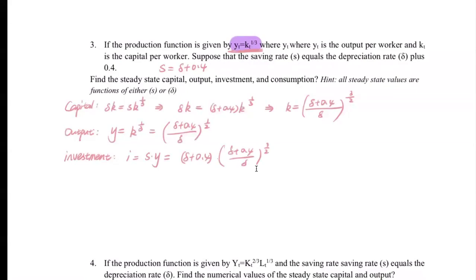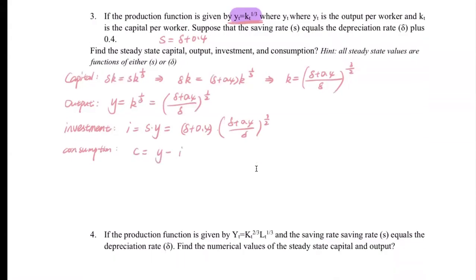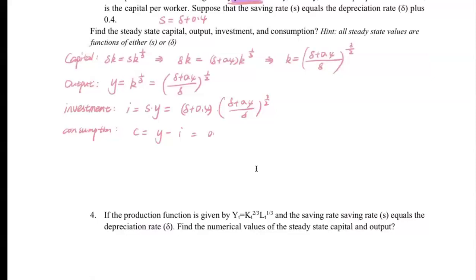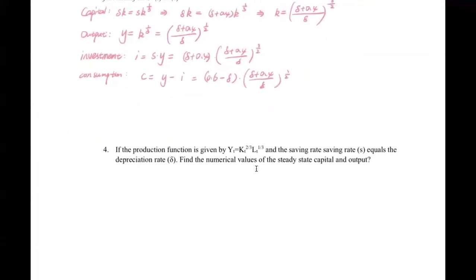And what would be the consumption? C is just Y subtract I. And you will get 0.6 subtract delta times ((delta plus 0.4) divided by delta) to the power of 1 over 2.